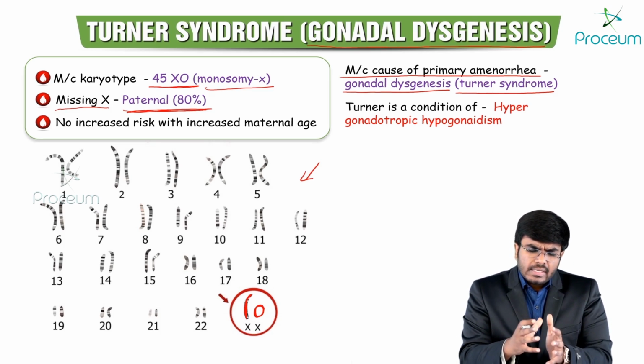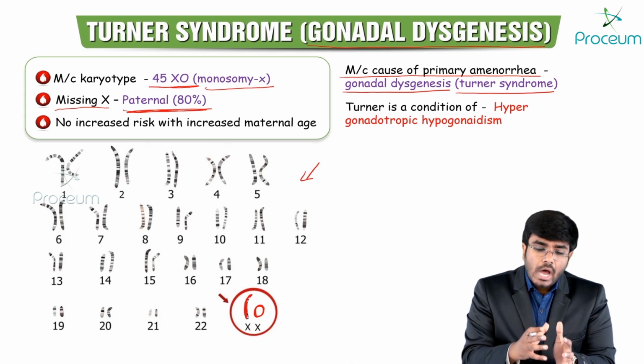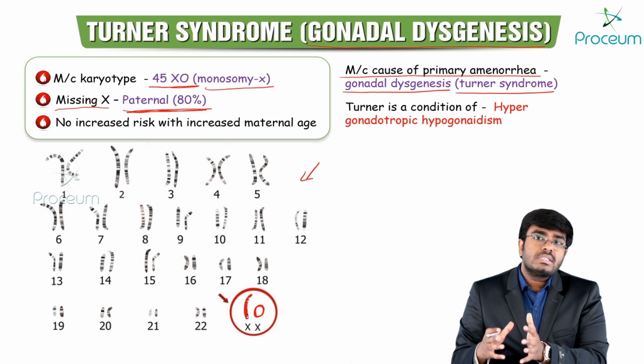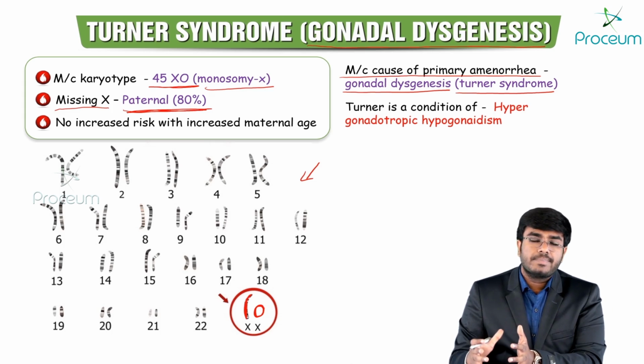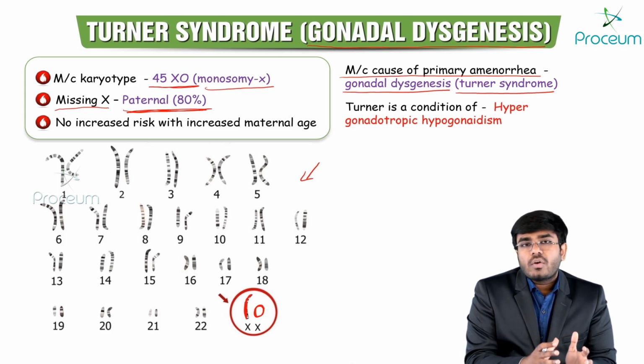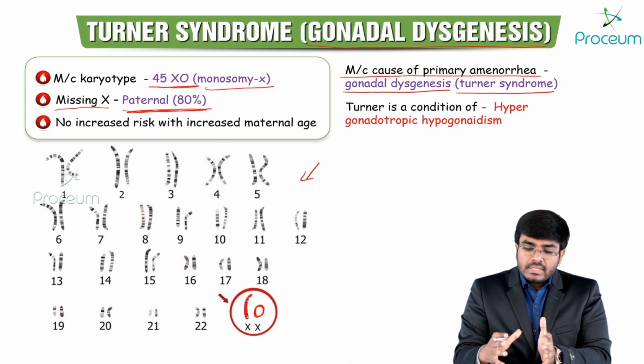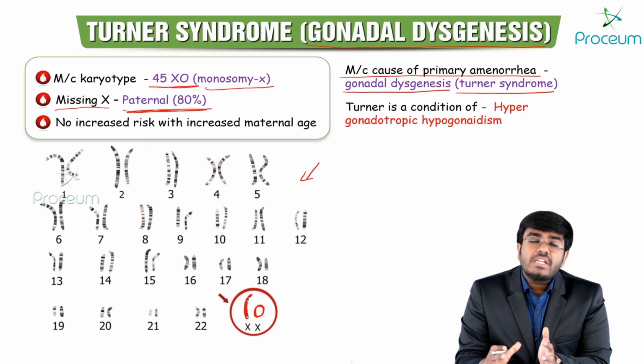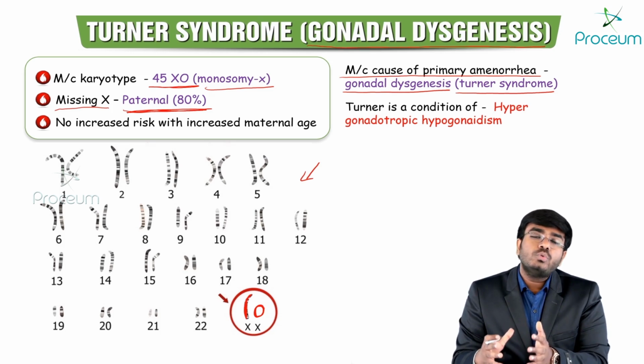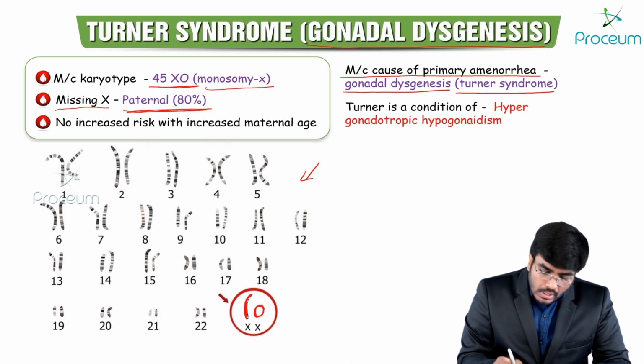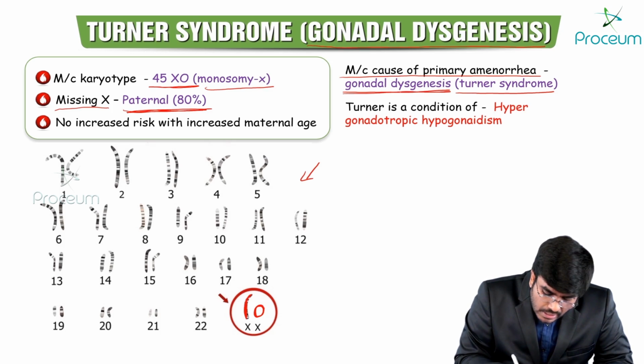What I mean is, ovarian events are going to bring the changes in the uterine events. If ovaries are not functional, then the endometrial proliferation and endometrial shedding in the uterus is not going to happen. So, non-functional gonads are going to cause primary amenorrhea.